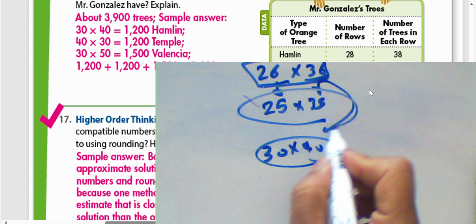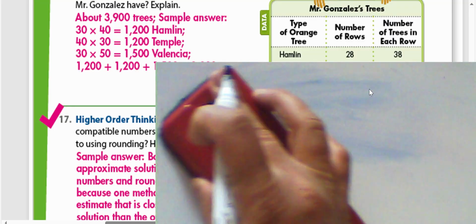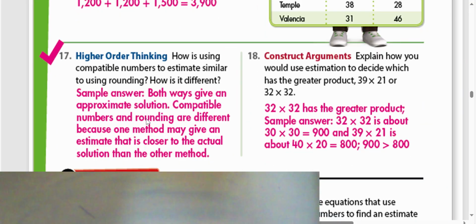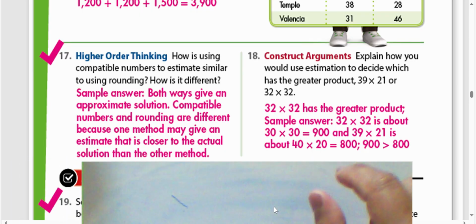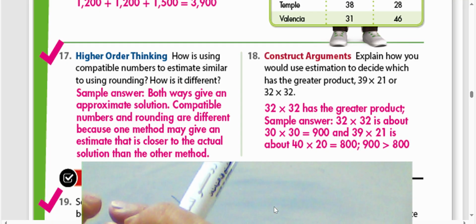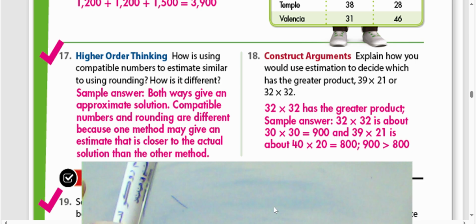Then we have a difference between the answers of the first and second. So you can write the answer both ways, giving an approximate solution. Compatible numbers and rounding are different. Why? Because one method will give an estimate that is closer to the actual solution than the other method. One of them is nearest to the exact.